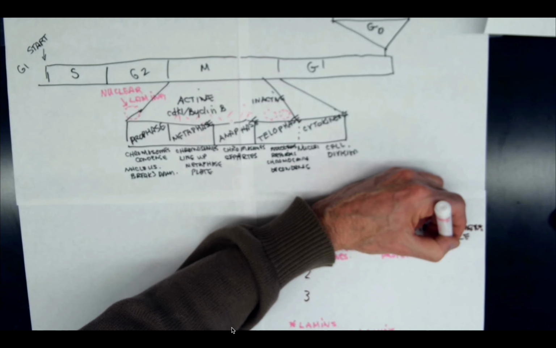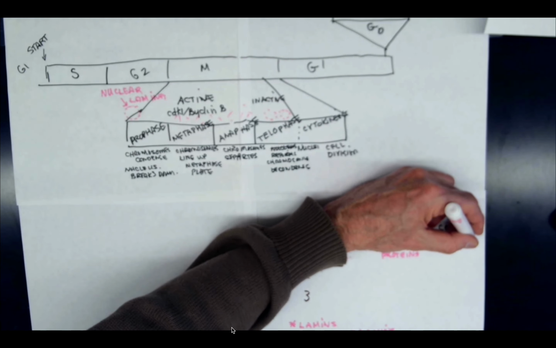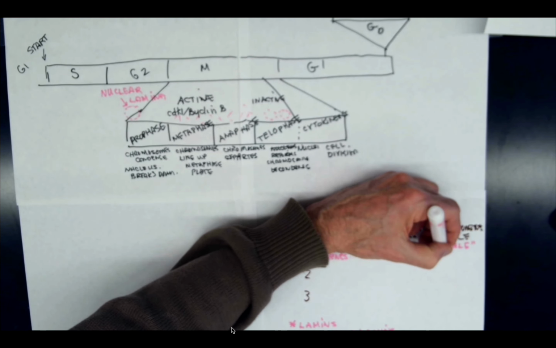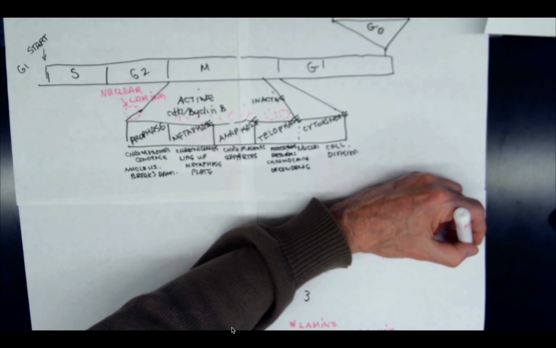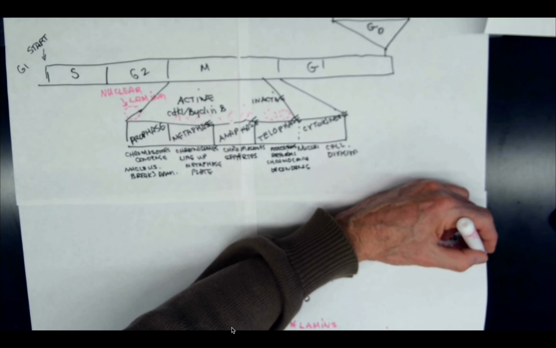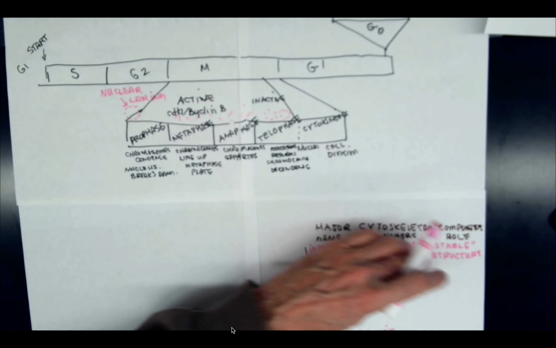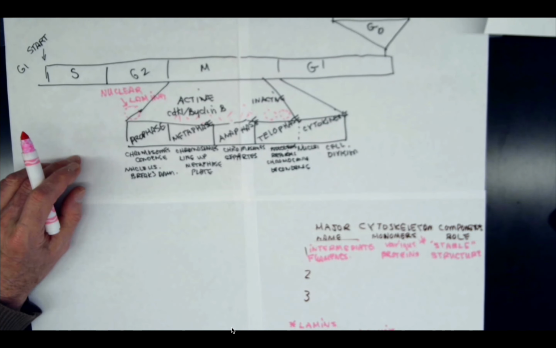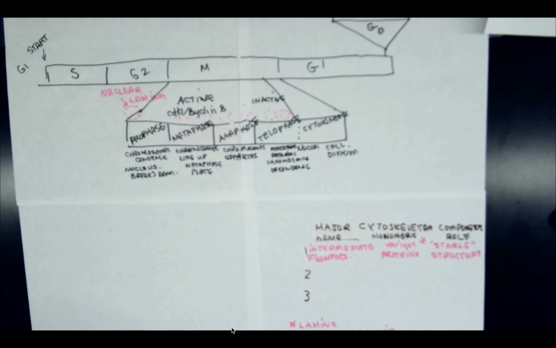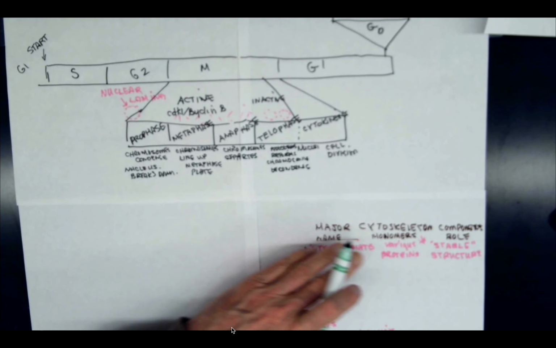They make pretty stable, so I put this in quotes, structures like the nucleus and the nuclear lamina. And so they're kind of boring because they make pretty stable things, and the next ones are going to be very dynamic stories. And so that's our first one.